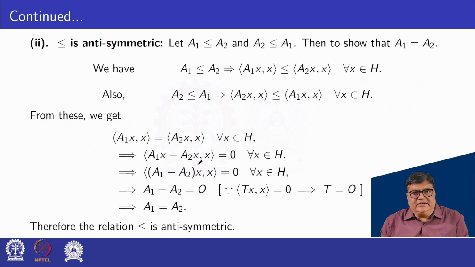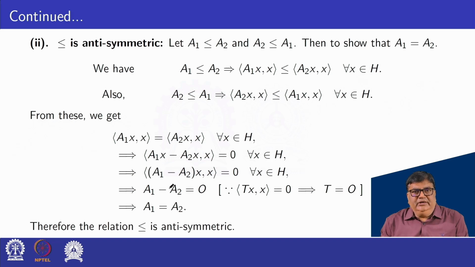So this equation can be written as the inner product of (A1 minus A2)x and x equal to 0 for all x belonging to H. So we know that if the inner product of Tx and x is equal to 0, this implies that T is the 0 operator.